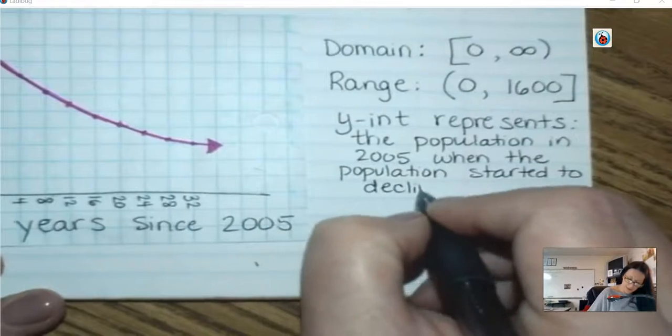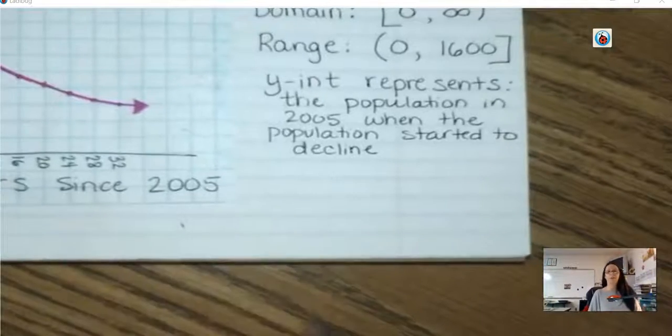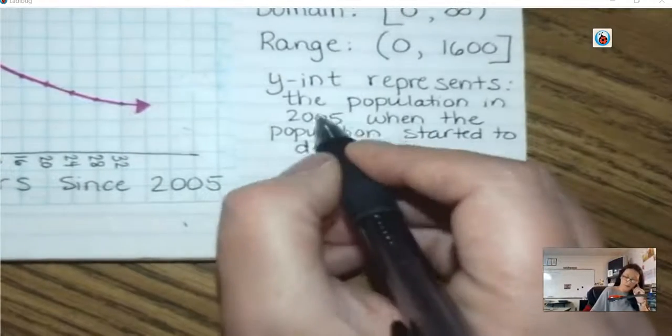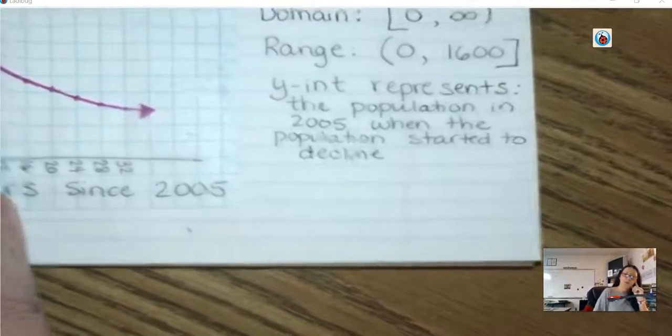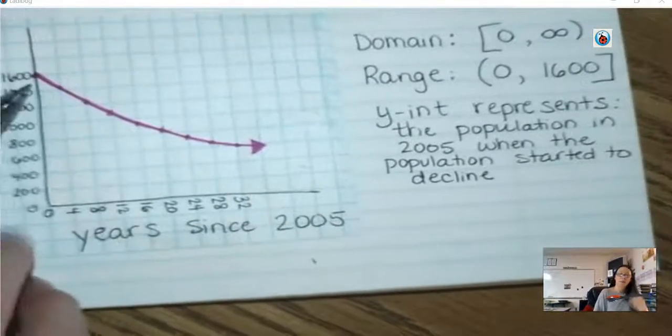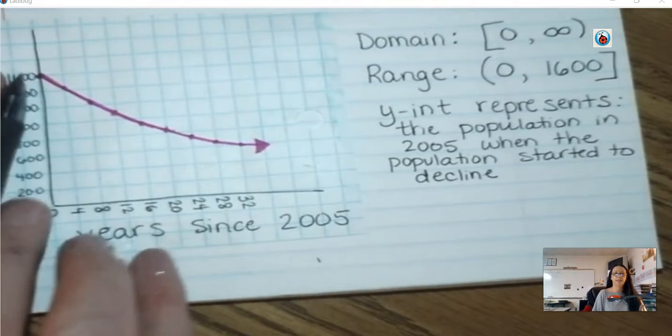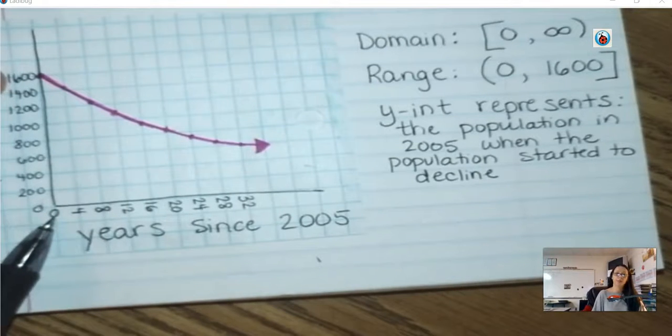So whenever they decided we need to start keeping track of the population, which was 2005, that's what the y-intercept represents. When they started keeping track, it was at 1,600 people in 2005.